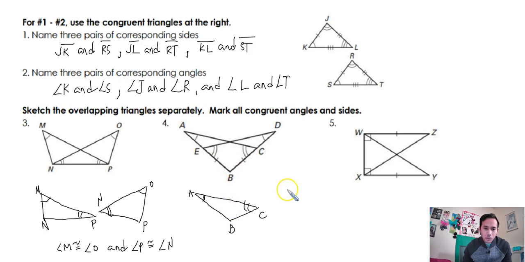And if I'm going to redraw, I have here D, and then B, this is E, and that way you can do that. So angle E corresponds to C, D corresponds to A. Okay, so those are the 2 congruent sides there.